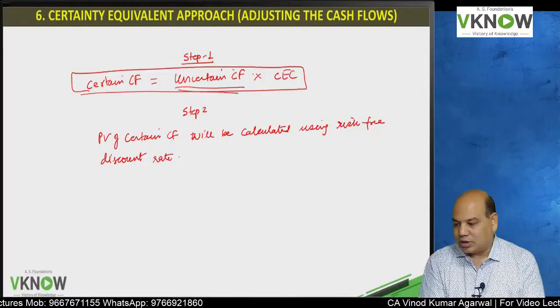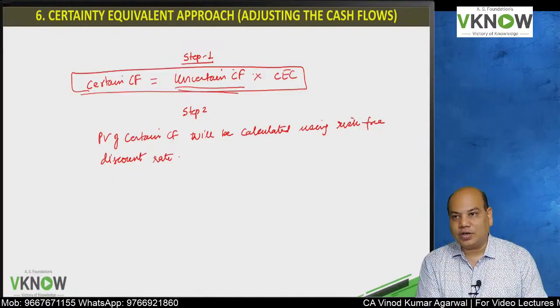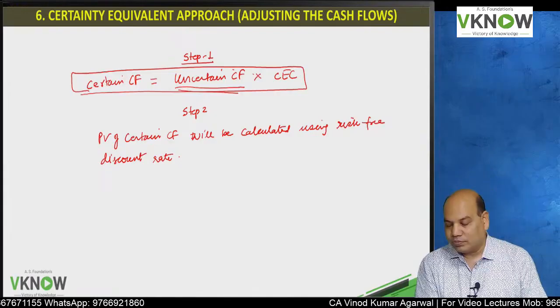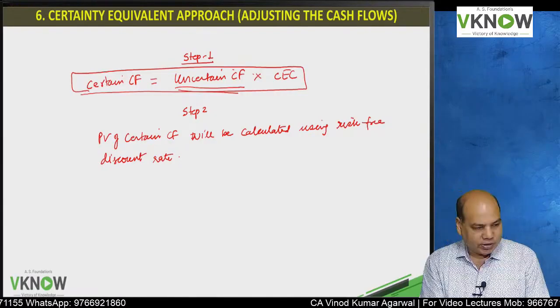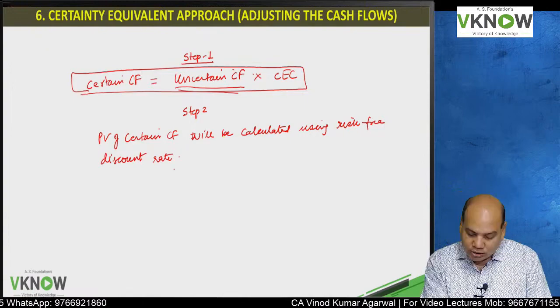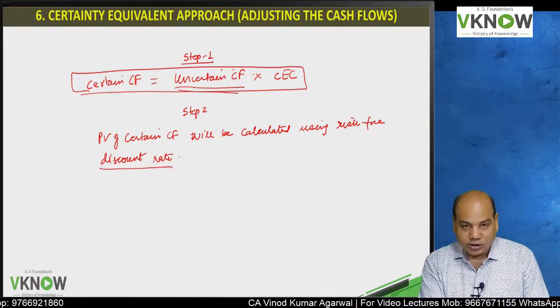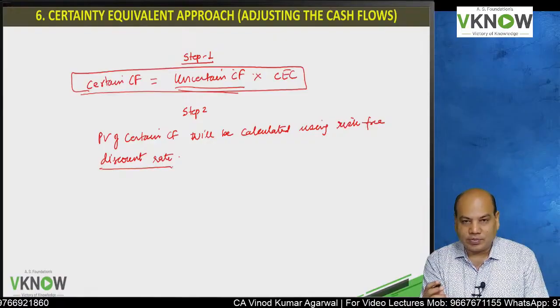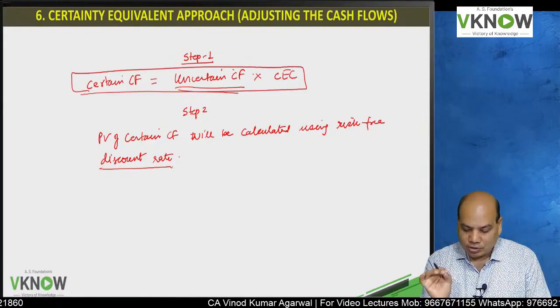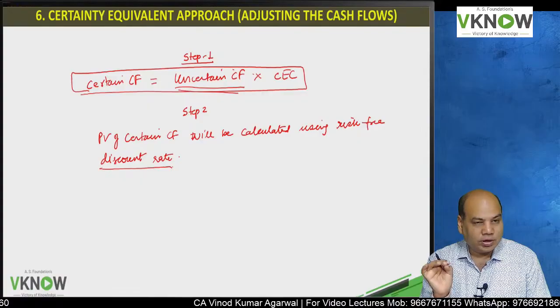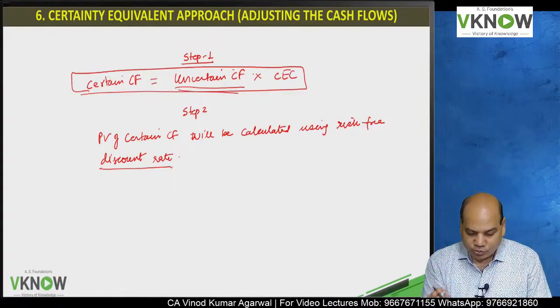The discount rate should be risk-free discount rate. The discount rate should not include risk premium. So I am going to use a risk-free discount rate, and the decision making rule is same. If NPV is positive, accept the proposal. If NPV is negative, reject the proposal.